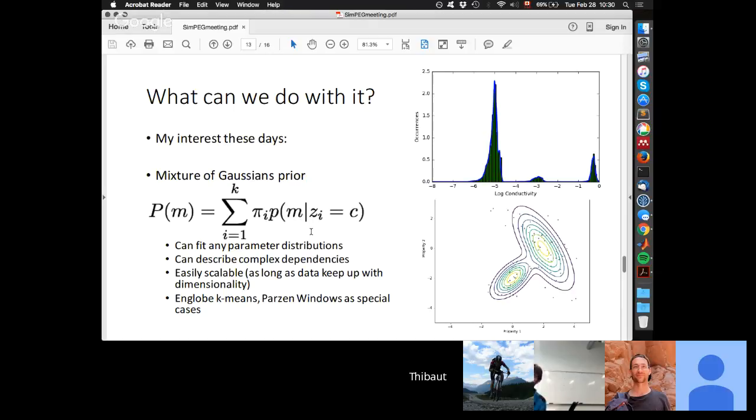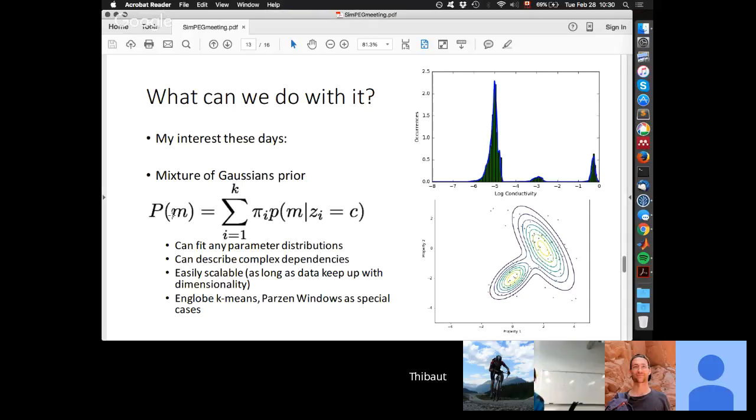But what I've been working on more these days is the prior that we talked about. So far, we've seen that if you use a single Gaussian or a single Laplace, we're going to get the L2 or L1 norm.